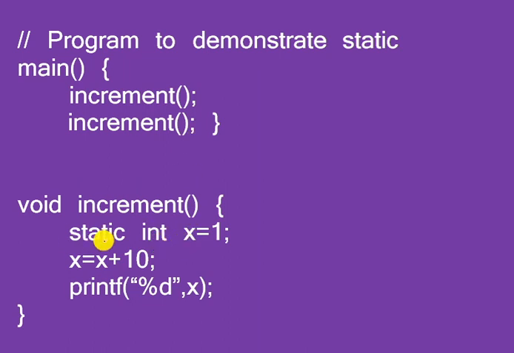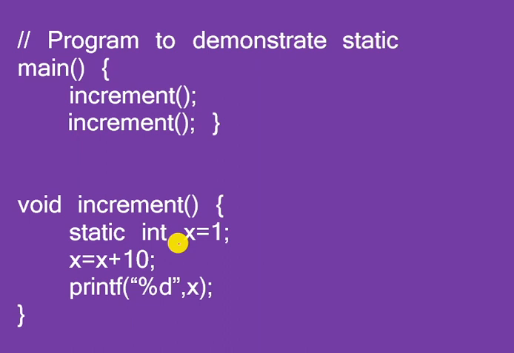If it is not a static variable, again x is initialized with 1, and again you will get 11 as the answer. But if you declare this variable as a static variable, declaration and initialization happen only one time. That variable's scope or lifetime is till the end of that program.